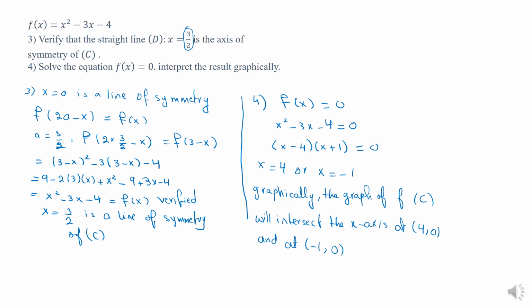So the graph intersects the x-axis at (4, 0) and at (-1, 0).